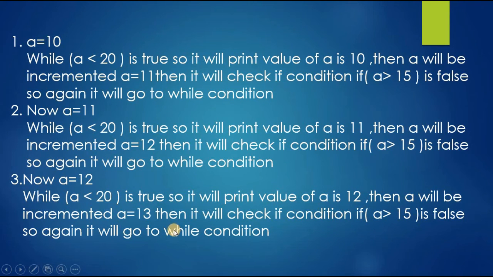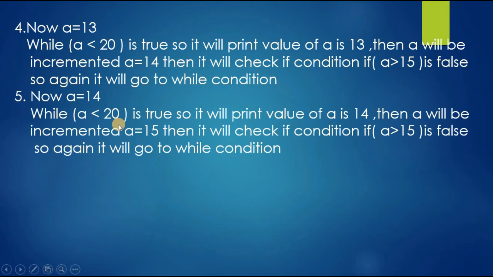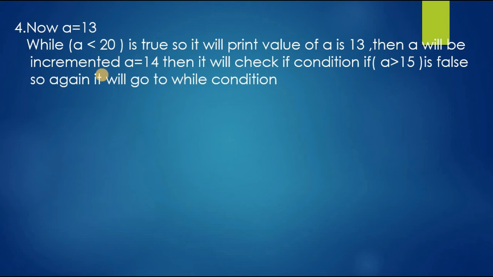So again it will go to the while condition, and now a is 13, and while a is less than 20 is true, so it will print a as 13 and a will be incremented. So now a is equal to 14, and it will check the if condition, if a is greater than 15 is false because 14 is less than 15, so it will go again to the while condition.